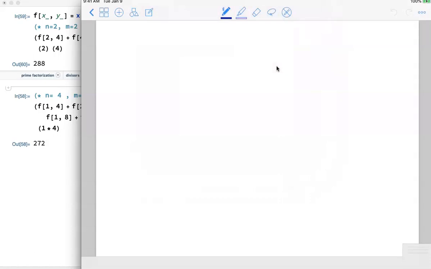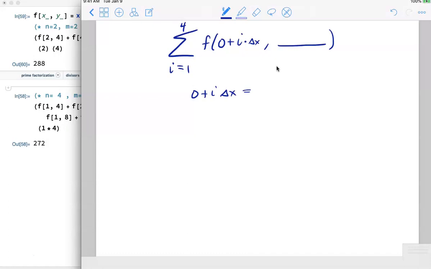Okay? So the way to combine and do all 16 of those entries as a sum, but in this case as a double sum, would be the summation i going from 1 to 4 of the function evaluated at 0 plus, right, i multiplied by delta x. And the 0 plus i delta x, we got delta x from the b minus a divided by, and we split that up into 4 pieces.